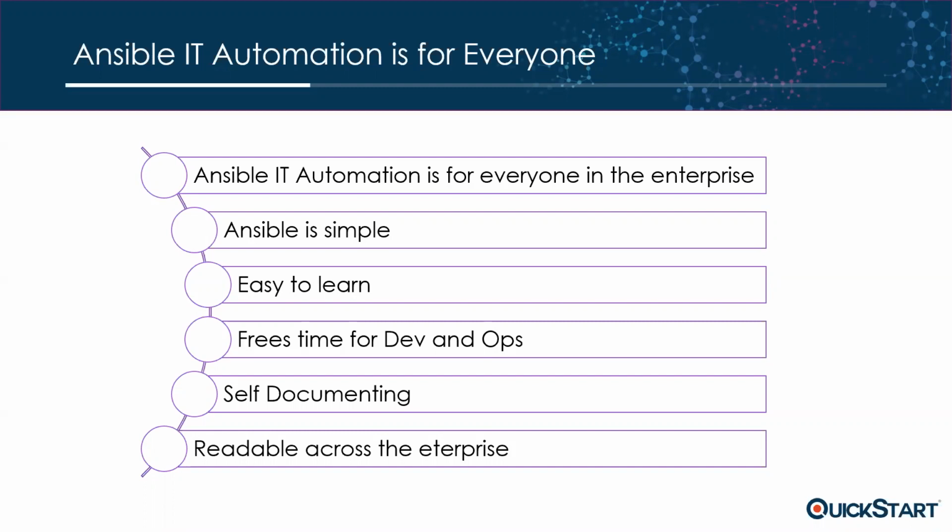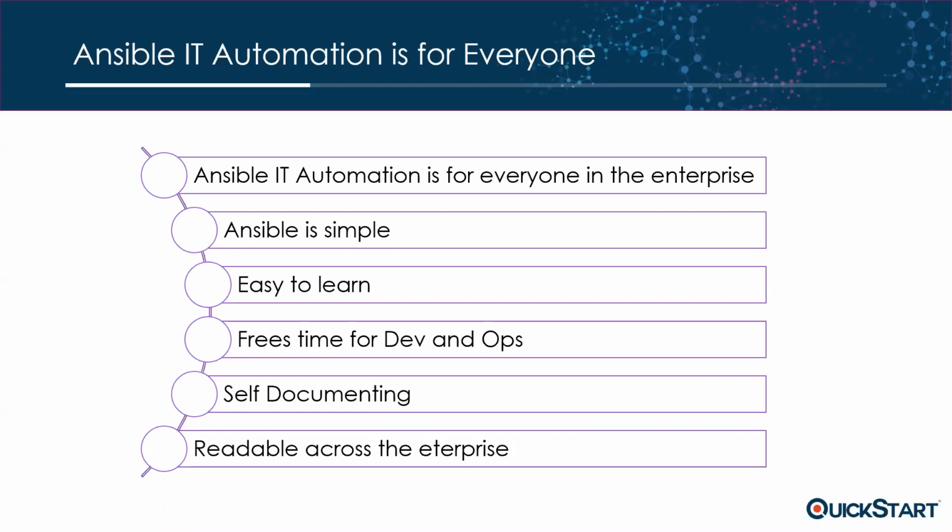So why are we saying that IT automation is for everyone, and it's not only for highly expert resources? Ansible automation is considered to be for everyone, that is, everyone in the enterprise, not only in the IT department. Because it's simple, easy to read, you will see, easy to learn. It frees time for both development and ops. It's a tool that applies to both departments, not only devs.